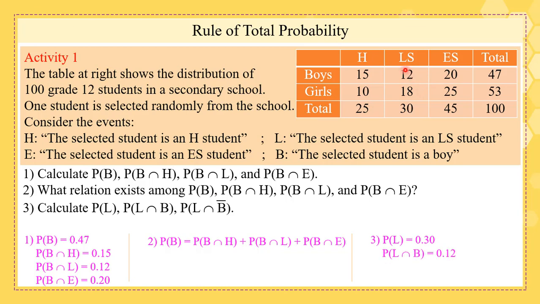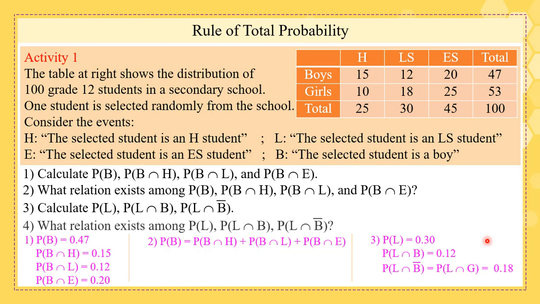So it will be 12 over 100. And then L intersection B bar. Remember, B bar here means that the selected student is not a boy, consequently it's a girl. So the probability of selecting an LS student and a girl, which is somewhere here, it will be 18 over 100.